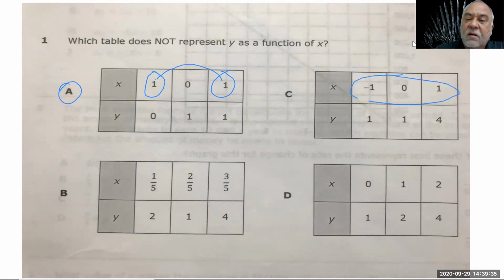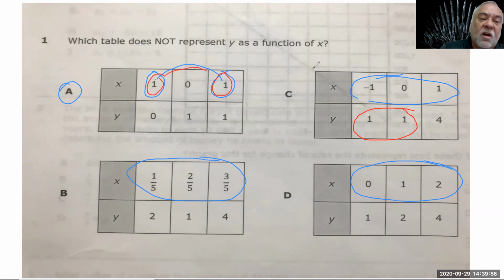No repeats there, no repeats there, and no repeats there. Keep in mind, you do have some repeats on the y's, but we don't care. When you're determining if it's a function or not, we're looking at the x values. Are any of them repeated? If so, it is not a function. So the answer in this case is A.